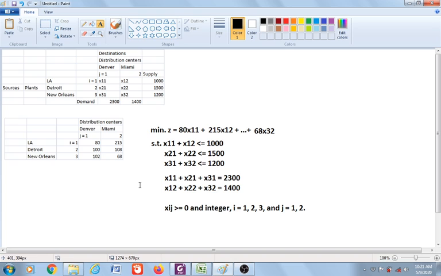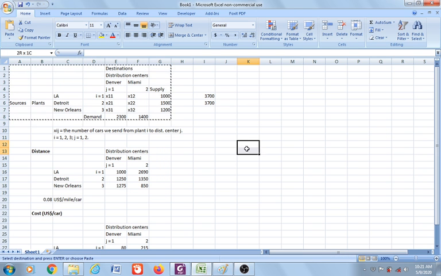In order to apply the special algorithm, we need to implement this model into a table. Remember, we have 3 rows and 2 columns, so we need to make a table consisting of 3 rows and 2 columns.